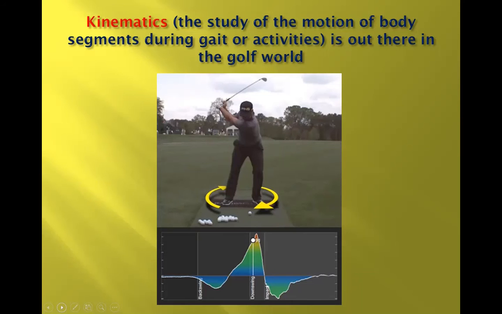And I went looking to get a little bit more information and do some research on the type of biomechanical tools that the golf instructors have. They're out there. But again, most of it is relative to the upper body. There are all kinds of gait analyzers, but for the upper body.